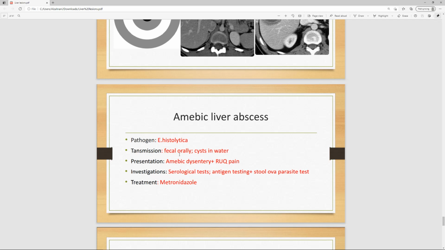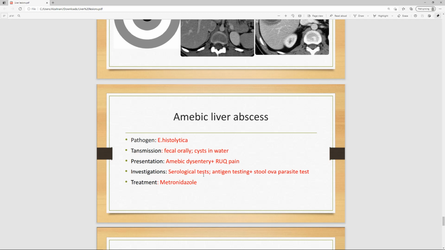Some people defecate in water, while others drink unfiltered water, and they will get infected by the Entamoeba histolytica. Presentation: amoebic dysentery, bloody diarrhea, and right upper quadrant pain due to involvement of the liver. Right lobe is the most common affected site.